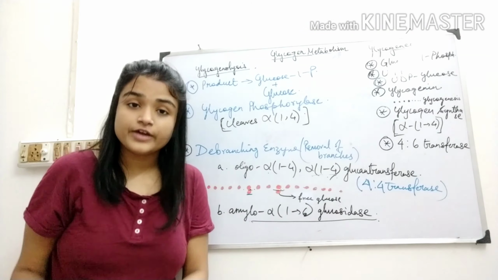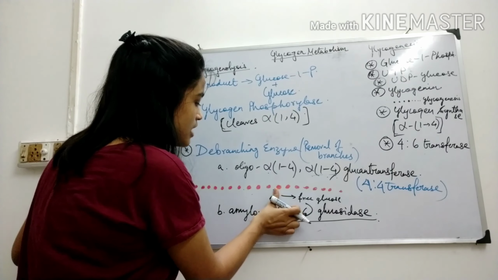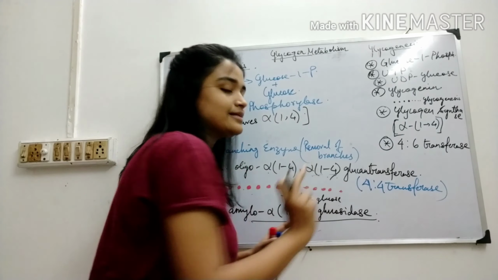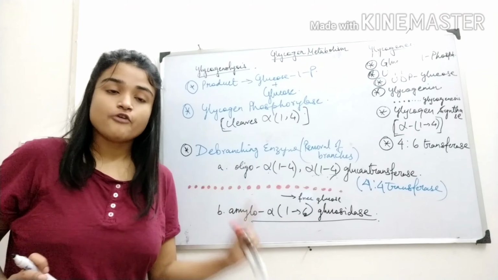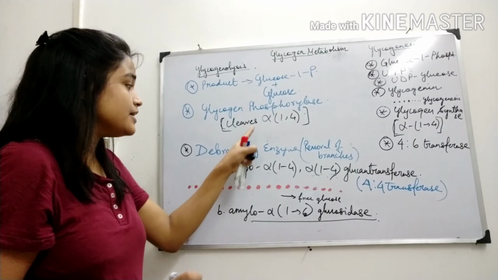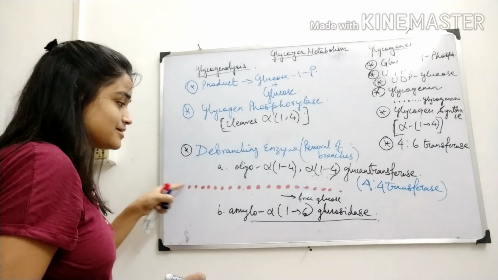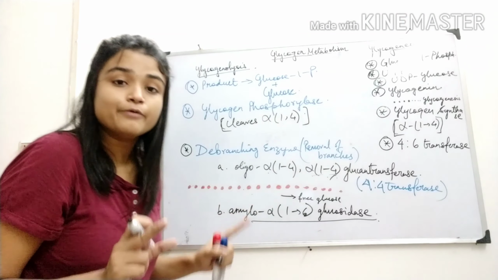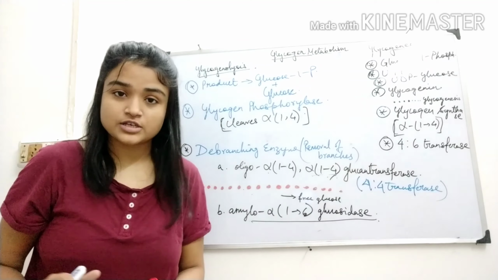So this is your debranching enzyme. So these two are removed now. So you can see the resultant long chain is formed on which glycogen phosphorylase will act, cleave the 1,4 linkages present in this long chain and liberate glucose 1-phosphate.